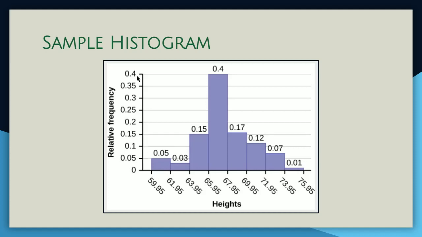And then the y-axis is labeled with, in this case, relative frequencies. So that 0.05 for the first class means that if we took the frequency for that range and divided it by the total frequency, this class makes up 5% of the data.